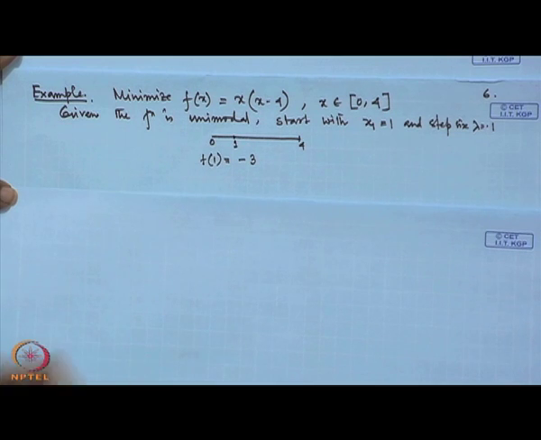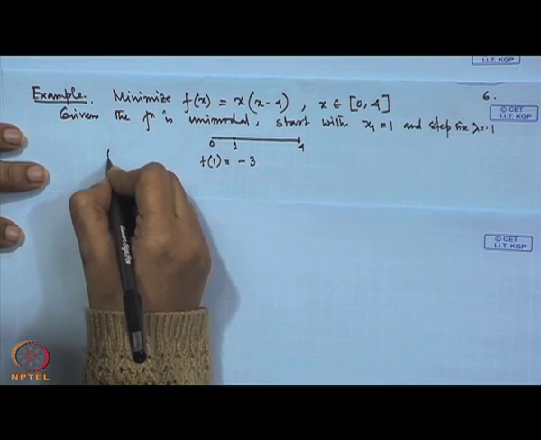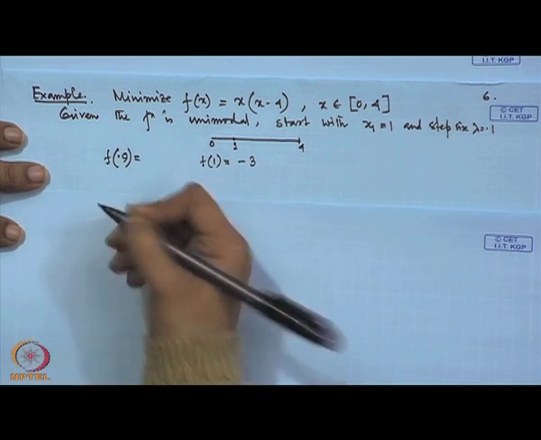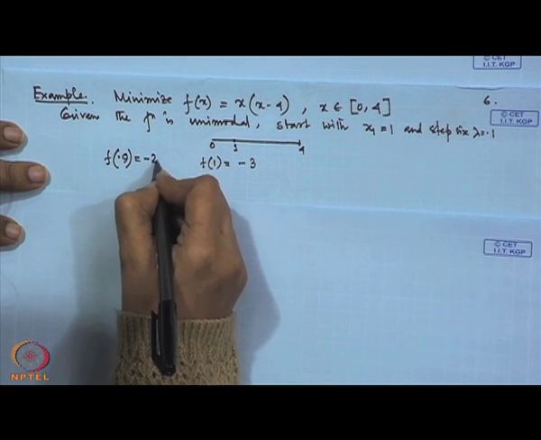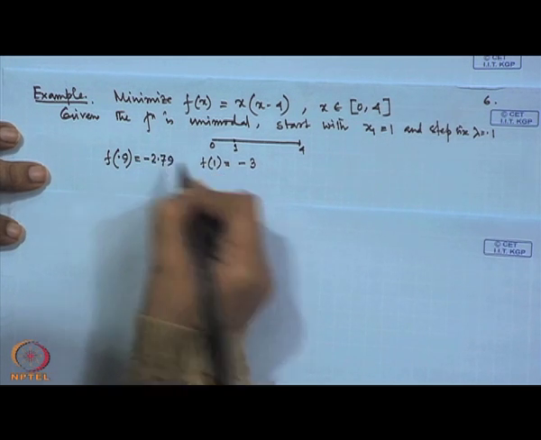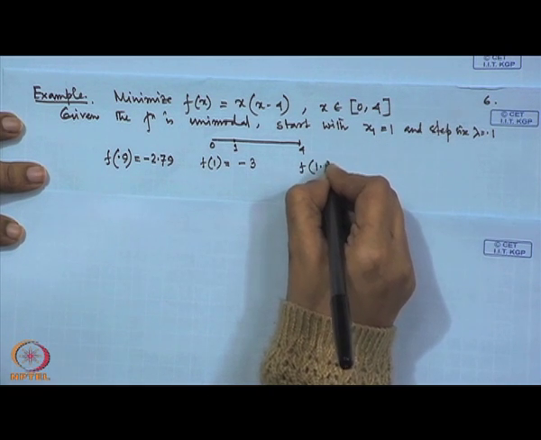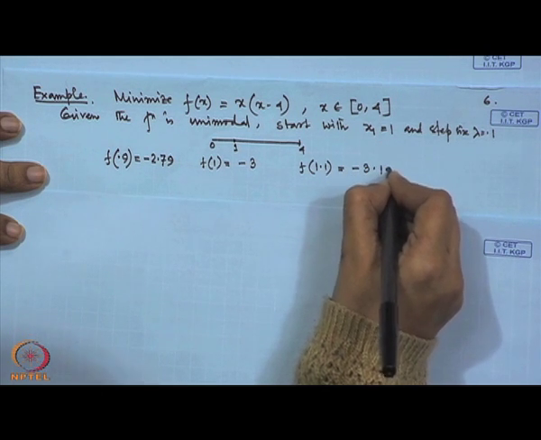That is why let me take 2 points on either side of 1: x equal to 0.9, where the functional value is -2.79, and 1.1.